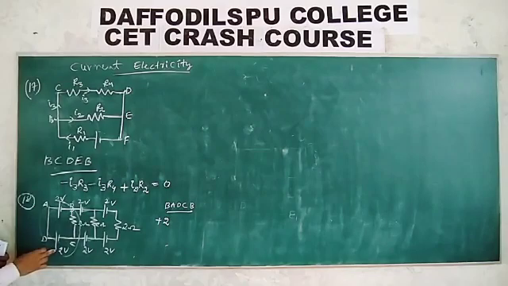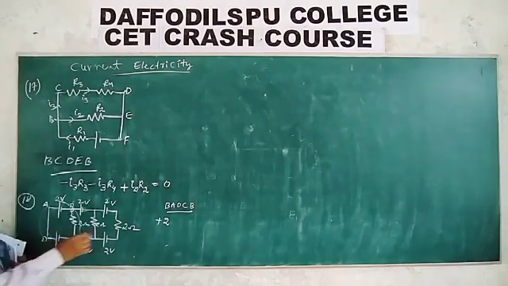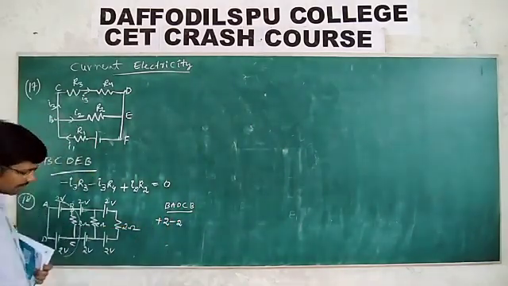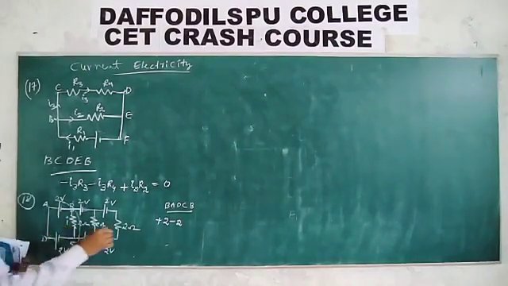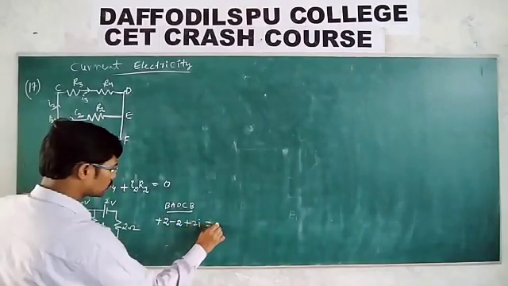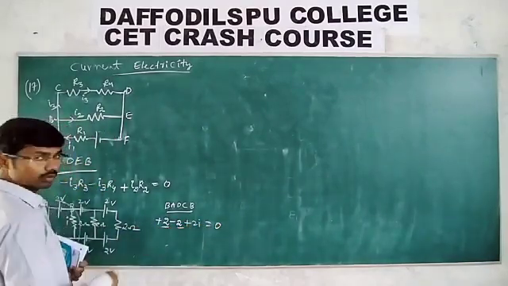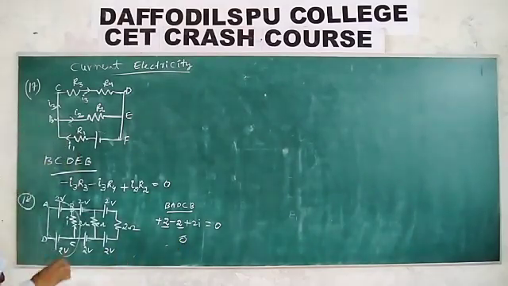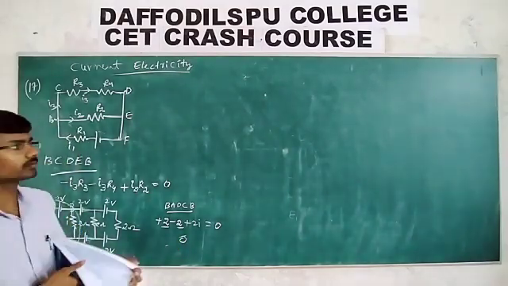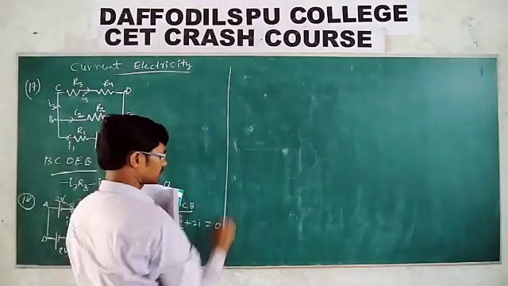D to C, a cell is there, but positive to negative, minus 2. In this direction we are going, so minus, we don't know some current I into 2I, plus 2I is equal to 0. But remember, minus 2 and plus 2 is 0. Therefore, each loop current is 0, because the potential difference in that loop is 0.